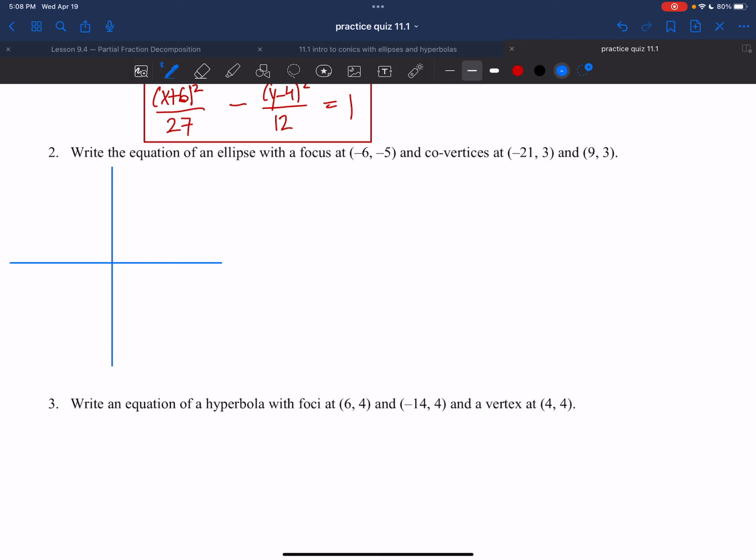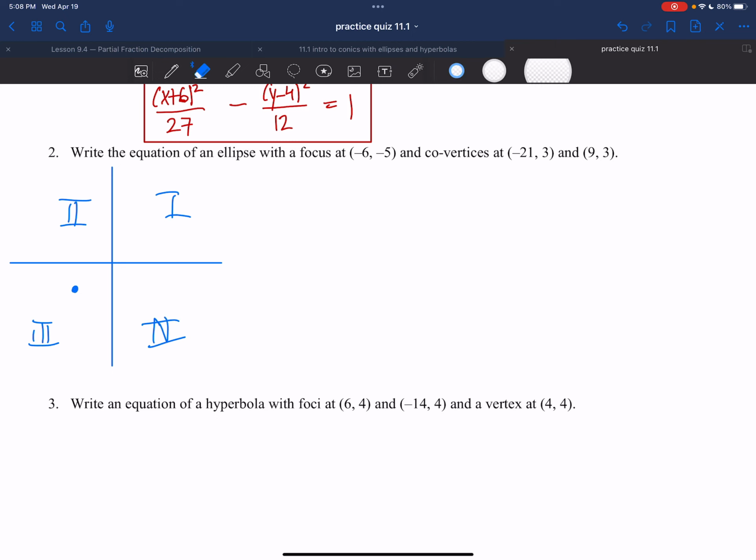So negative 6, negative 5, I'm going to put that, because you see I got a negative 21 here, so it's going to be kind of long, right? So negative 6, negative 5 is going to be in the third quadrant somewhere here. It's not exact. It doesn't have to be. And then negative 21, 3 is going to be in the second quadrant. And by the way, if you don't know your quadrants, it's 1, 2, 3, 4.